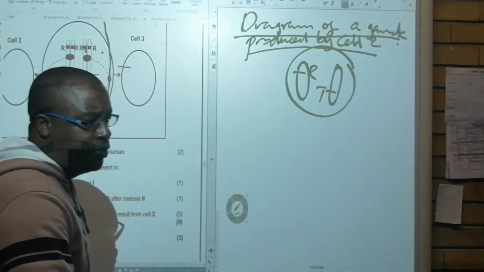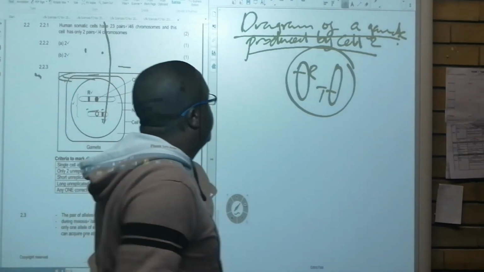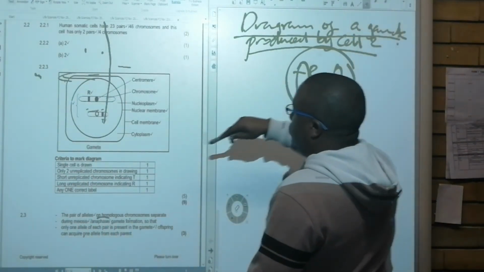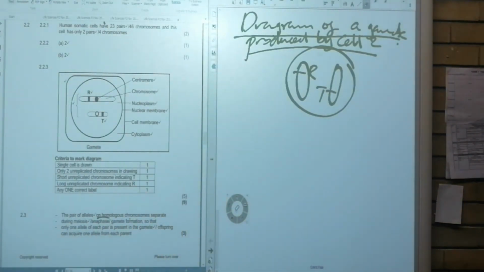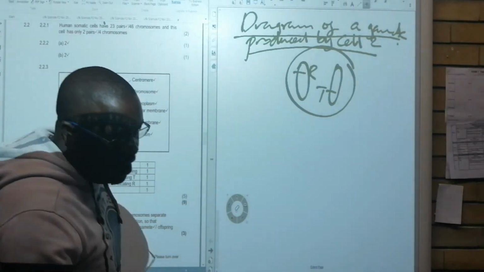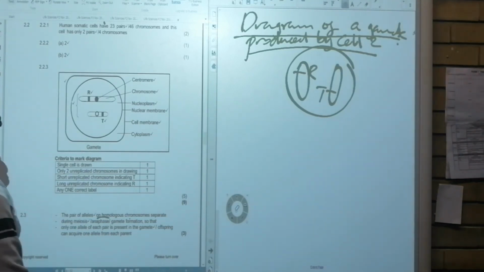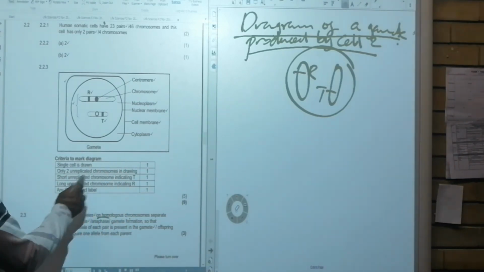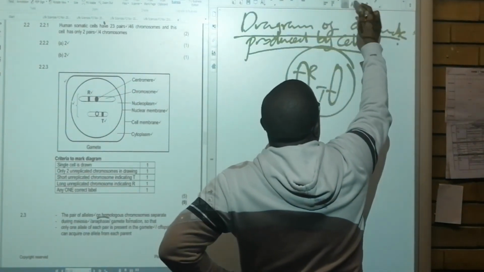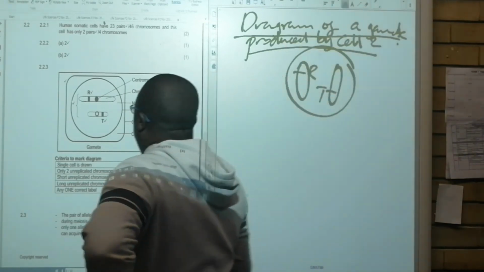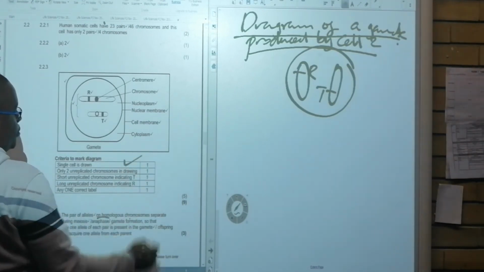Can I just go to the memo? Save us time. If you follow the instructions, they're asking you for 1 gamete instead of 2. So you drawing 1 cell instead of 2 cells is 1 mark.